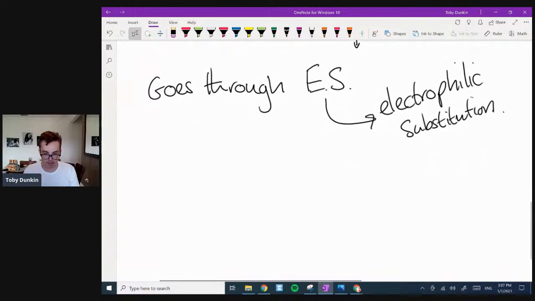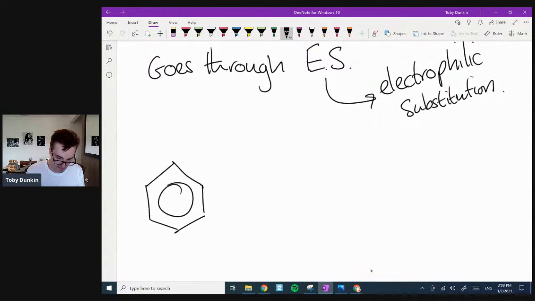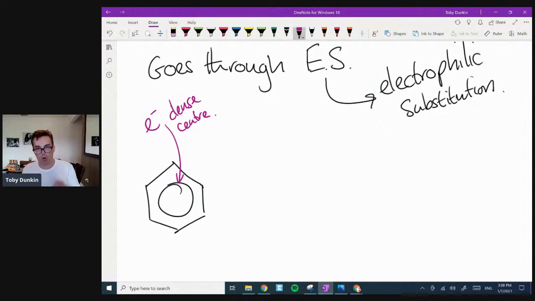Let's have a look at what that looks like. So here's what the mechanism looks like. You've got benzene, and benzene has a huge number of electrons. This is an electron-dense center. However, the electrons are all linked together in the pi system, which means it doesn't want to reach out.